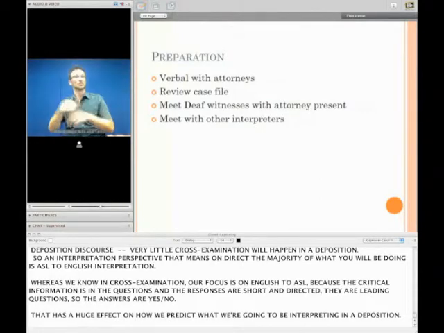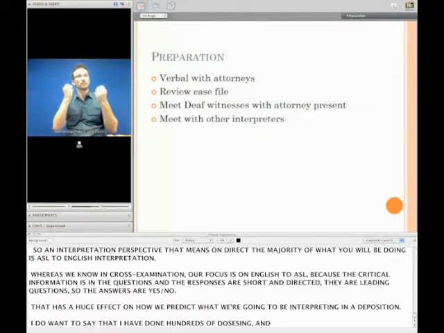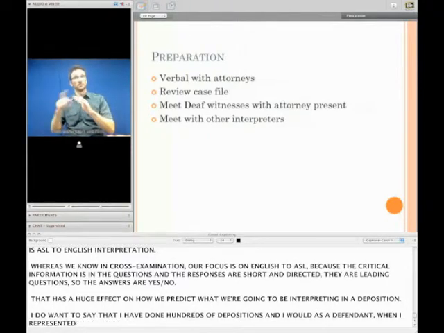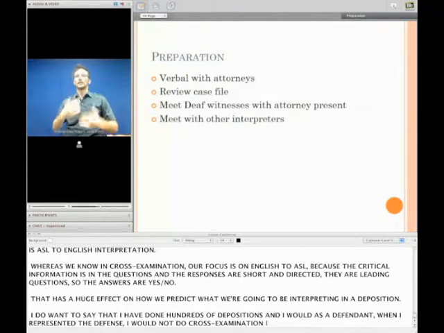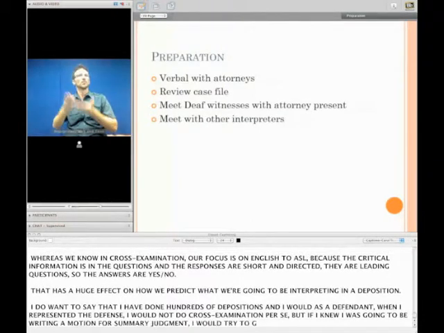I do want to say that when I have done hundreds of depositions, as a defendant, when I represented the defense, I would not do cross-examination per se, but if I knew that I was going to be writing a motion for summary judgment, then I would try to get the witness on my cross-examination.